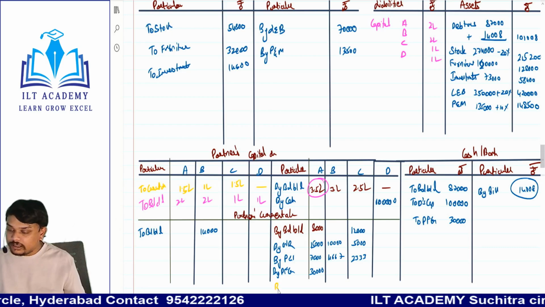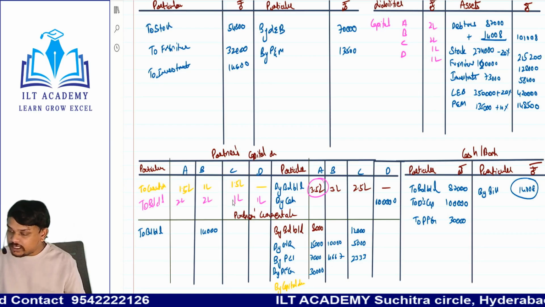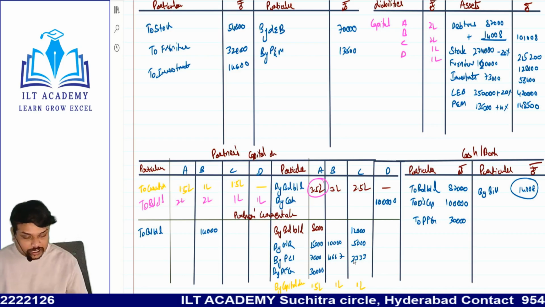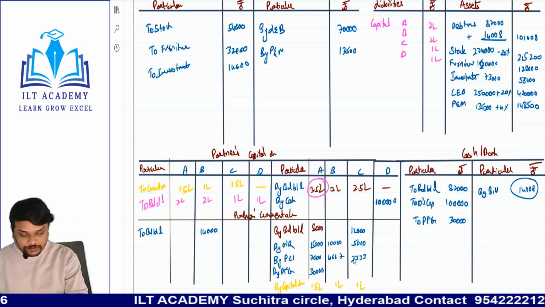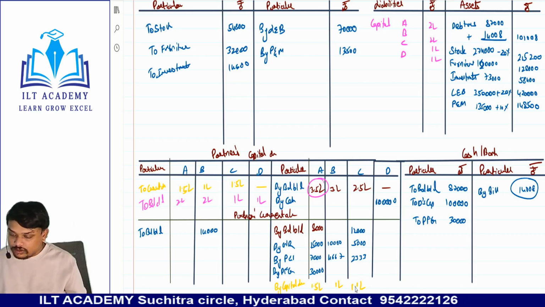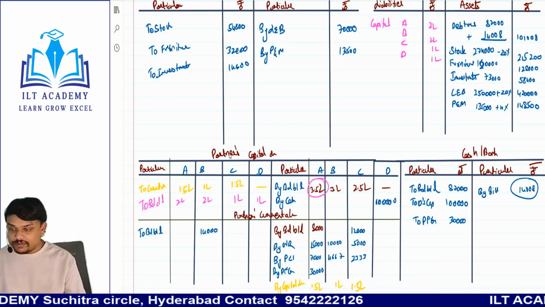From here to here, by capital account, 1.5 lakh, 1 lakh and 1 lakh. Any doubts? Here also you will be having 1.5 lakh. Perfect. Any doubts? We are done with the sum.